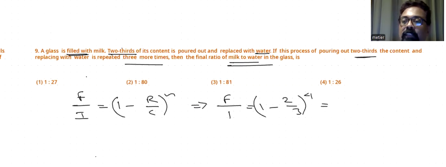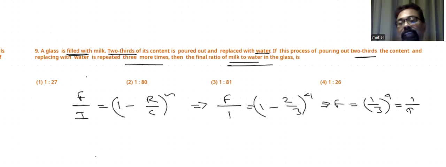So we are getting F equal to 1/3 to the power 4. It is 1/81. 1/81 is the final fraction of milk. The final fraction of milk is 1, total is 81. So water will be 80, 1 is to 80.